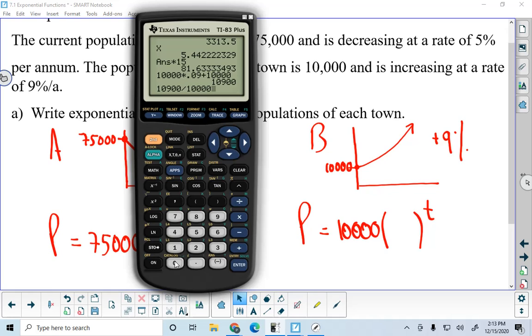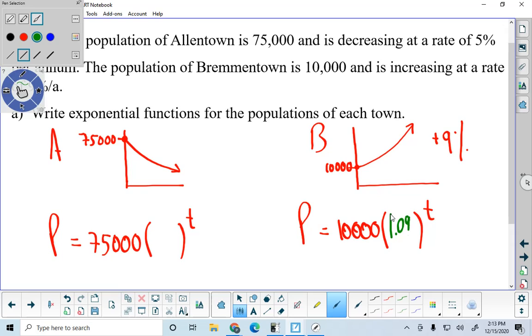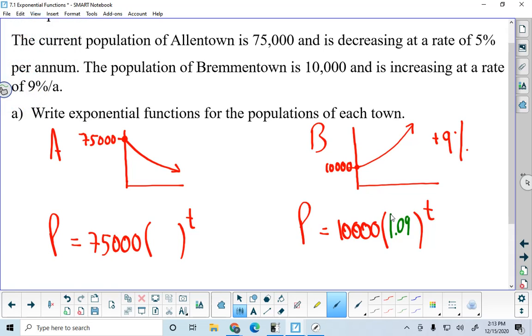And I discover that the number I multiply by is 1.09. I hope that you understand why it's 1.09. It's 1.09 because if you start off with 100% of something and you add 9% to it, then you're going to have 109%. That's how you increase the value of something by 9%.